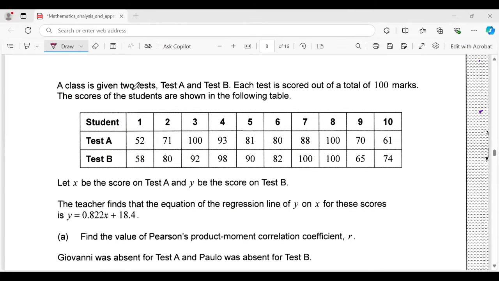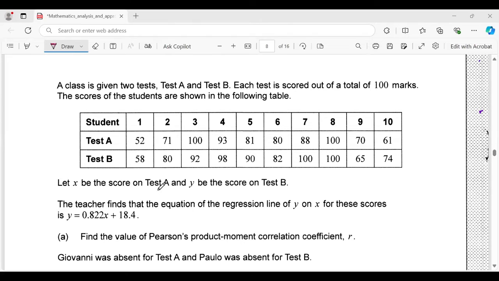A class is given two tests, test A and test B. Each test is scored out of a total of 100 marks. The scores of the students are shown in the following table.